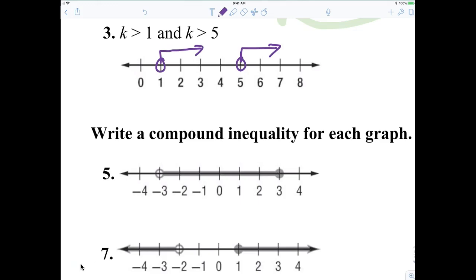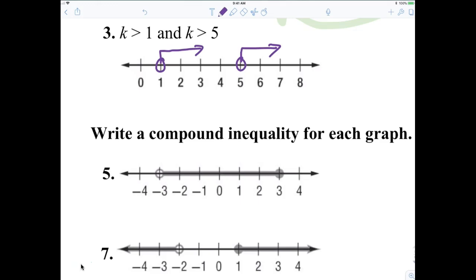does 3 work? No, because although 3 is greater than 1, it's not greater than 5. So again, this is what I'm trying to tell you guys about thinking. I can make these so many different ways your head's going to blow up because you're trying to memorize everything. If you think about it, it's just easy.